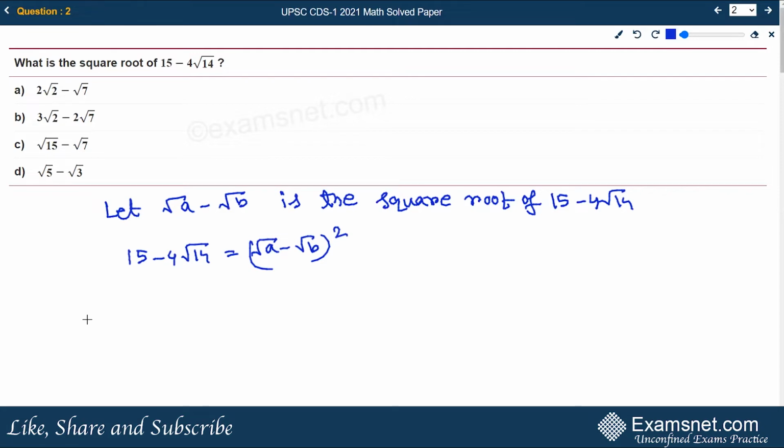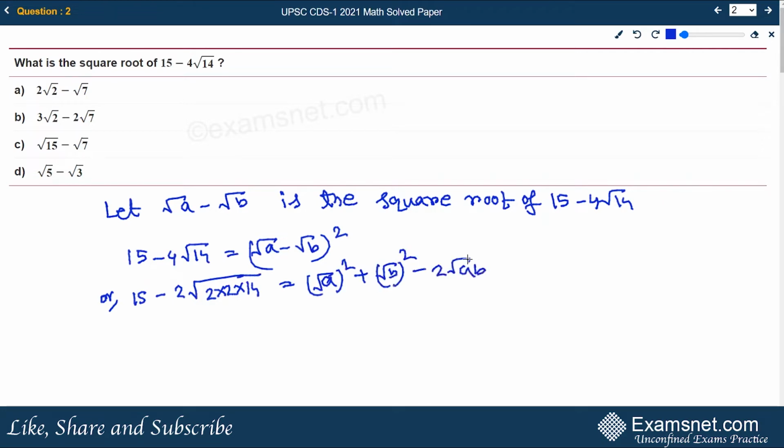So we can write 15 minus 4 root 14, and on the right, root A whole square plus root B whole square minus 2 root A root B. So it will be 15 minus 2 root 56 equals A plus B minus 2 root under AB.